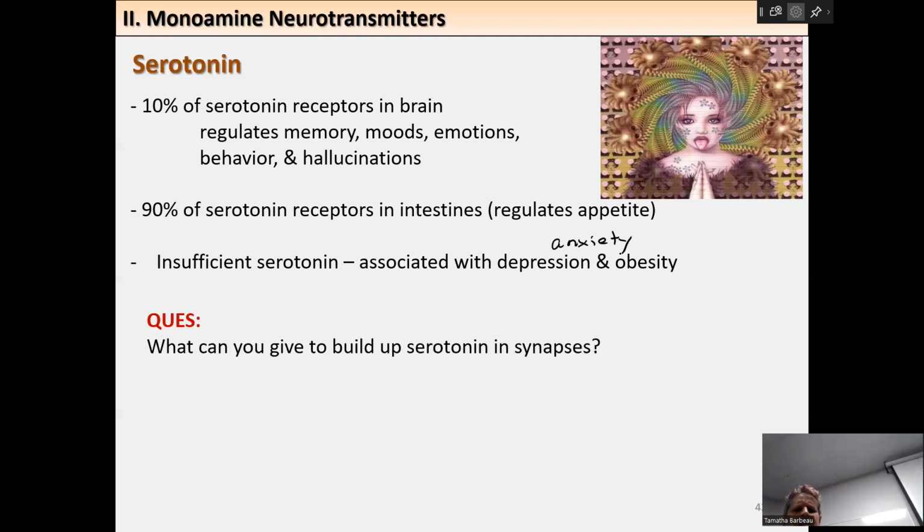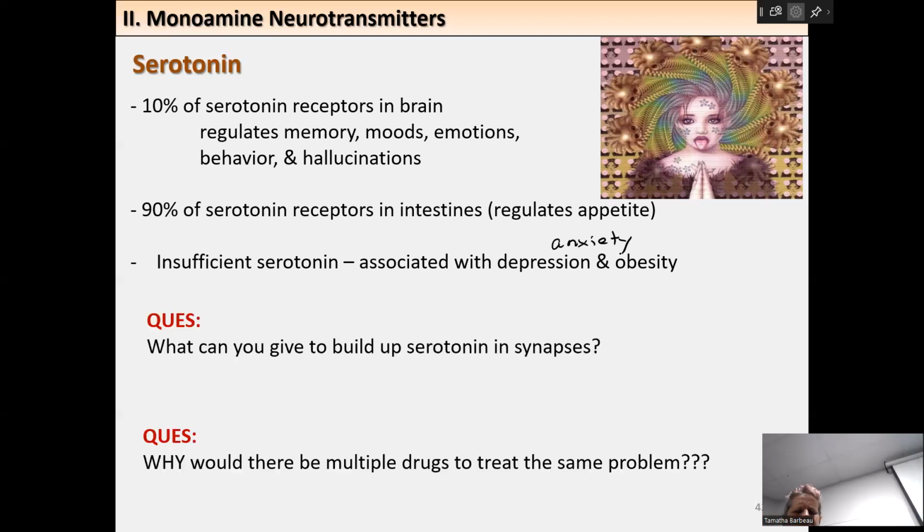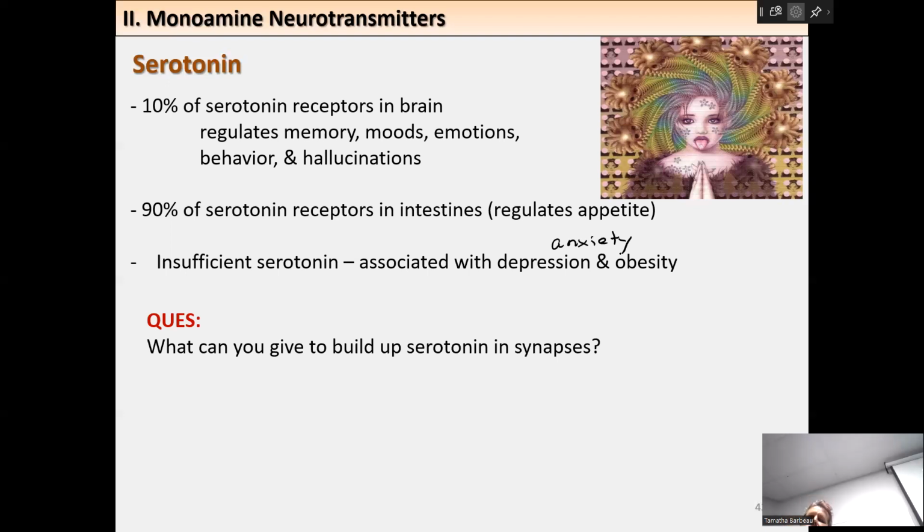Now, what two drugs could you give someone with low serotonin to increase that serotonin? SSRI. Yep. You have to think about that, right? MAO-I. And you remembered A for either anxiousness, anxiety, or appetite. And 90% of the receptors for serotonin are in the gut.